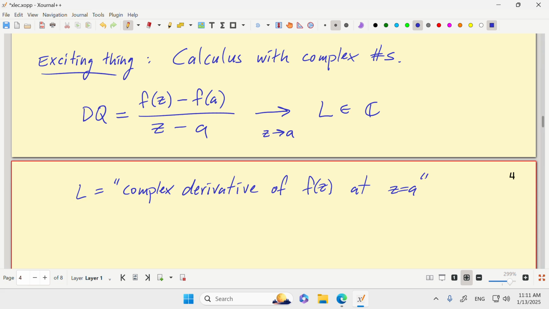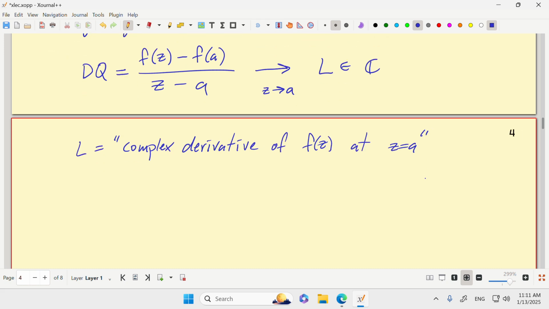Of course, I'm going to write out epsilon delta definitions of these things in the traditional math manner soon. But today I'm just giving you a feeling about it.